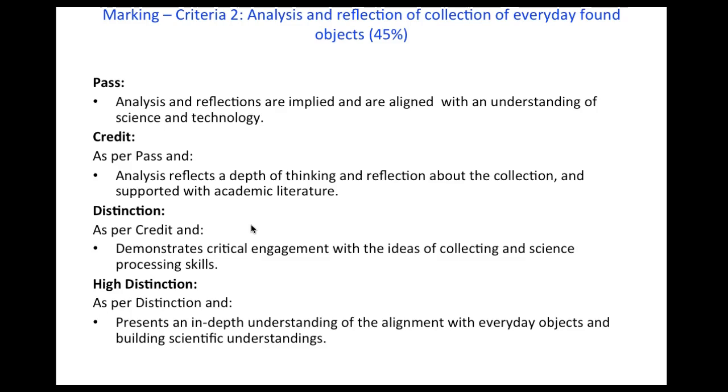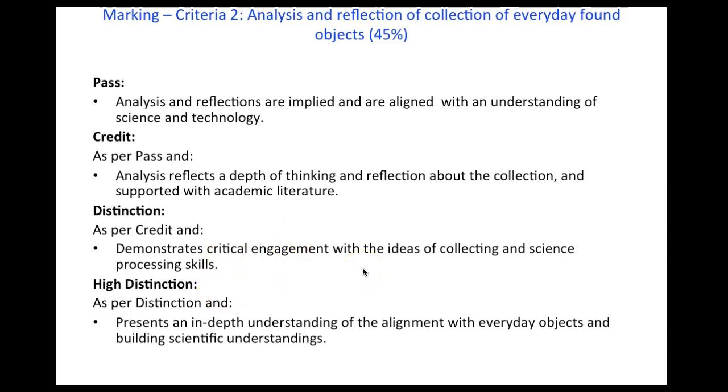Criteria 2, analysis and reflection of a collection of everyday found objects. To pass, your analysis and reflections are implied, so we can tell how you go, and are aligned with an understanding of science and technology.